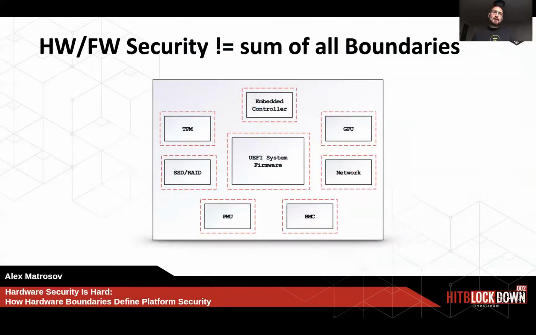As an example, hardware and firmware security is not the same as a summary of all the boundaries across the board. As I mentioned before, we really try to separate security boundaries for each device on the system board, which is a huge mistake, because we make a threat model focused on TPM, PMU, or baseboard management controller, or embedded controller, or GPU.